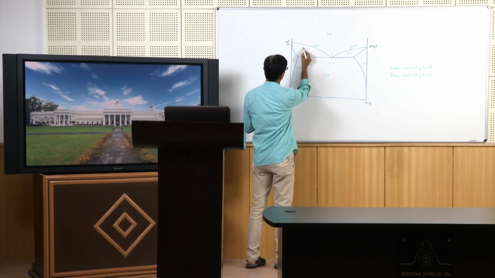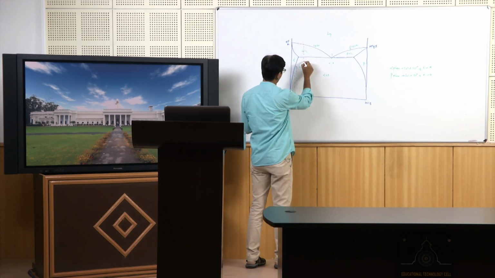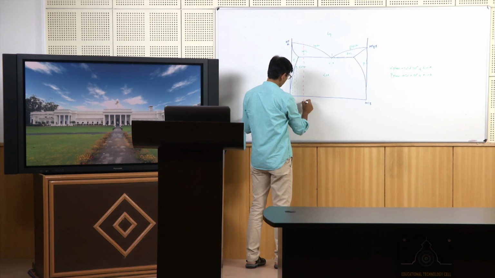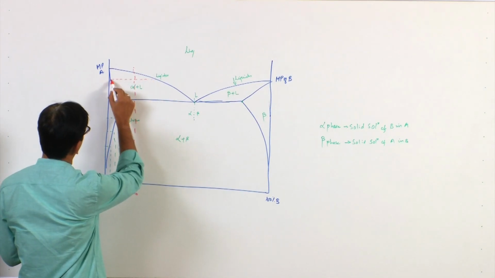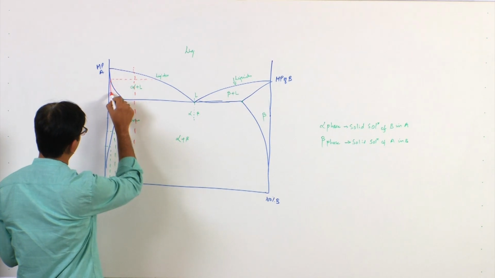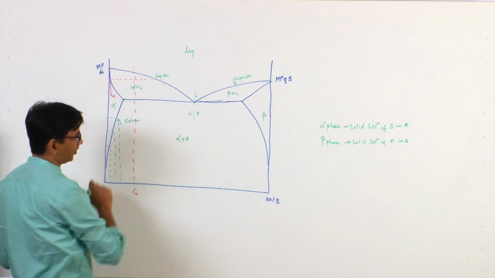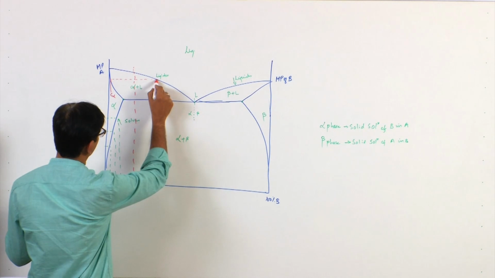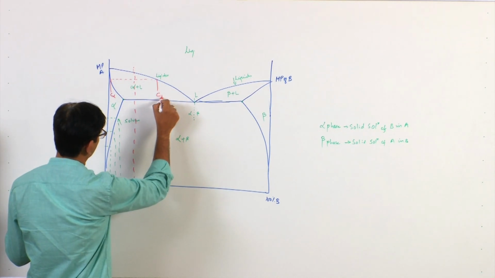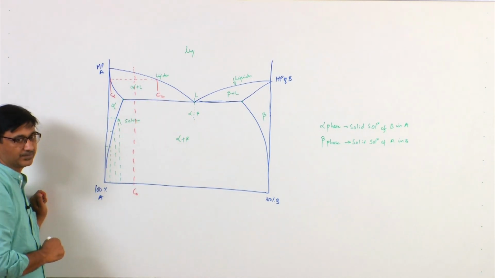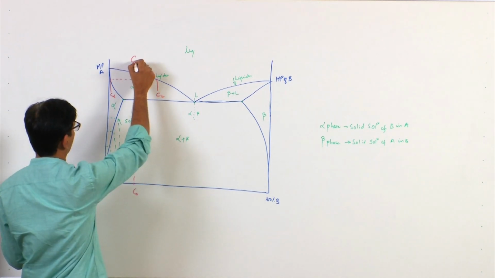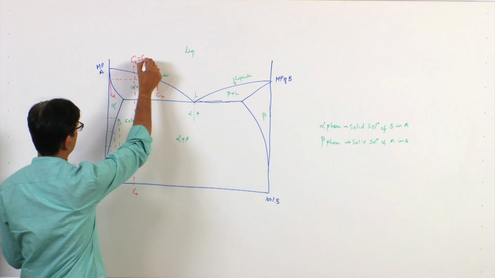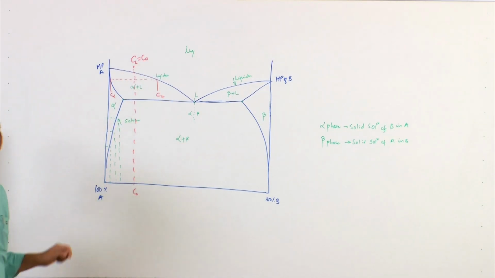Suppose this is my point Q, this is the overall composition C naught, and if I draw a tie line like this, this will give me the composition C alpha in alpha plus liquid, this will give me the composition of C liquid in alpha plus liquid, and the total composition here is C naught, the overall composition, okay.